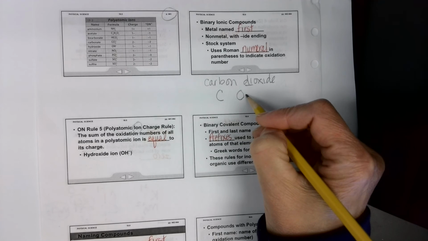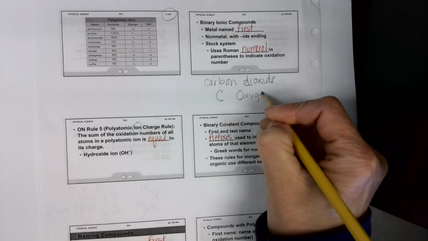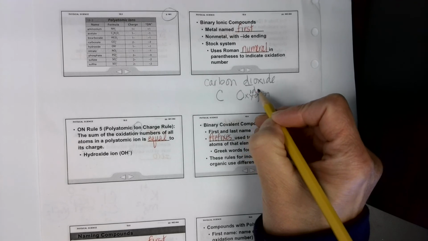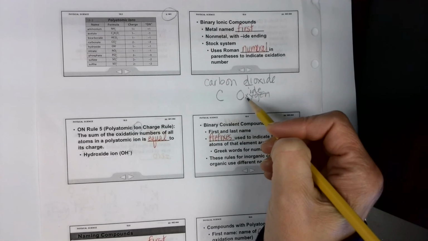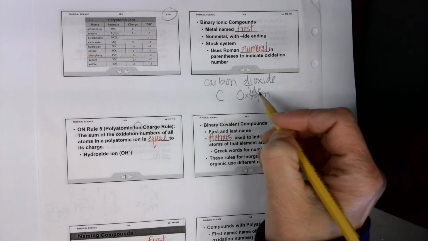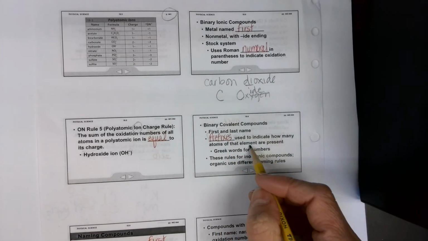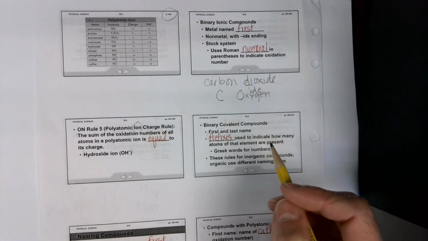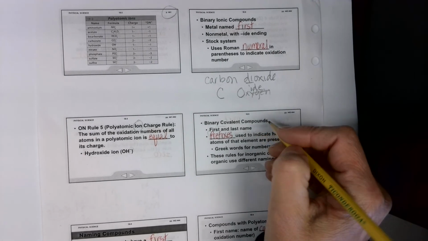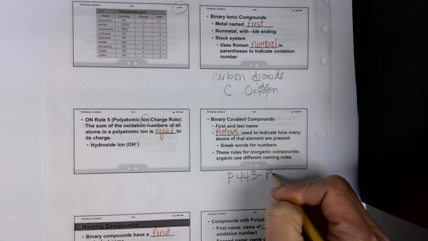And what we've done is we take oxygen and we chop off the ending and slap on IDE, right? Oxide. So that tells us carbon dioxide, di is related to prefixes. There are prefixes that are going to help us to know how to read how many of each one there are. And there's an important chart on page 443 that shows these prefixes.